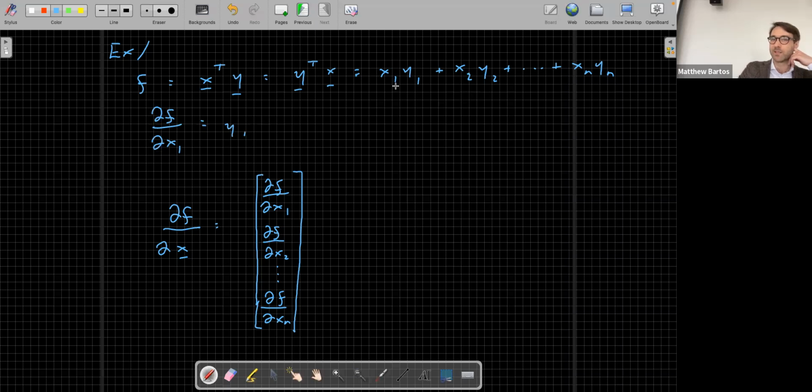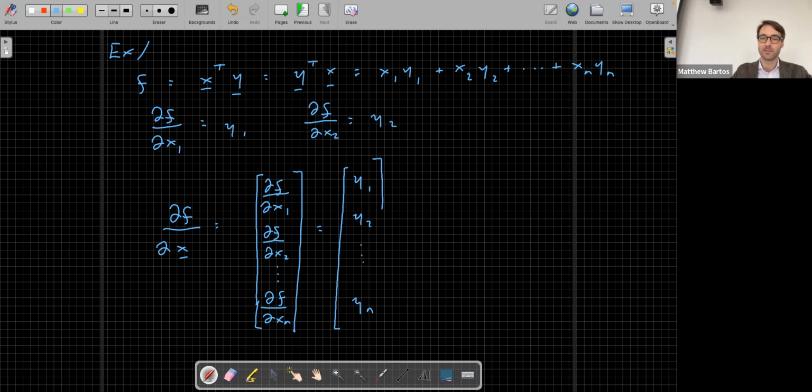It's equal to y1, right? All of these other terms will go to 0. The x1 will go out with the derivative, and we end up with y1. Similarly, df by dx2 is equal to y2. So the gradient will simply be equal to y1, y2, all the way through yn, which is equal to our original vector y. Okay, so the gradient of this inner product with respect to x will just return our original vector y.